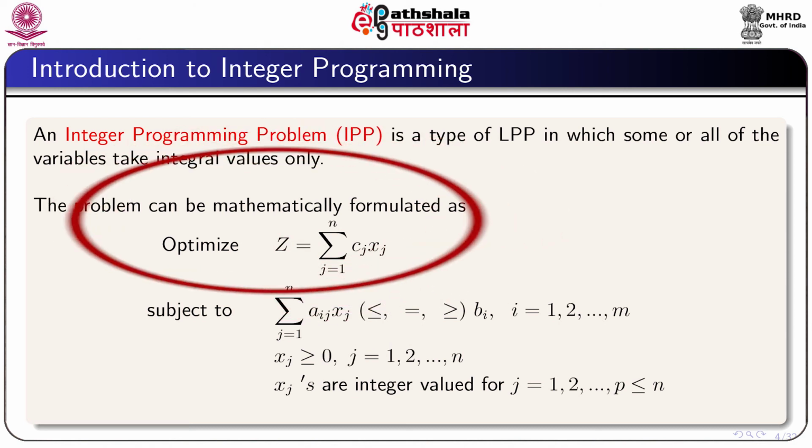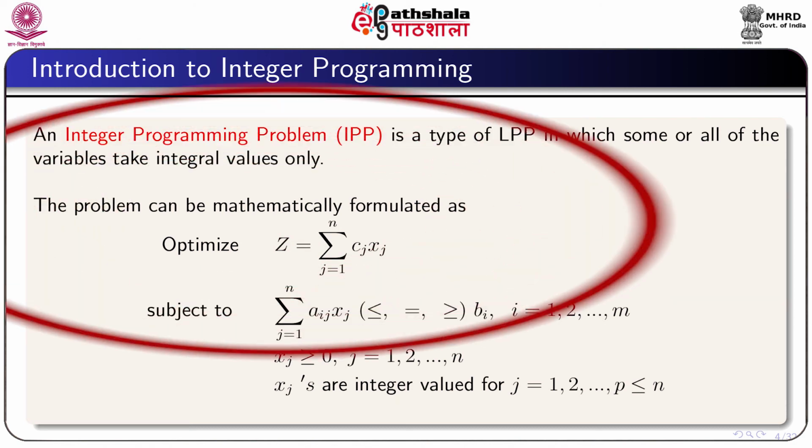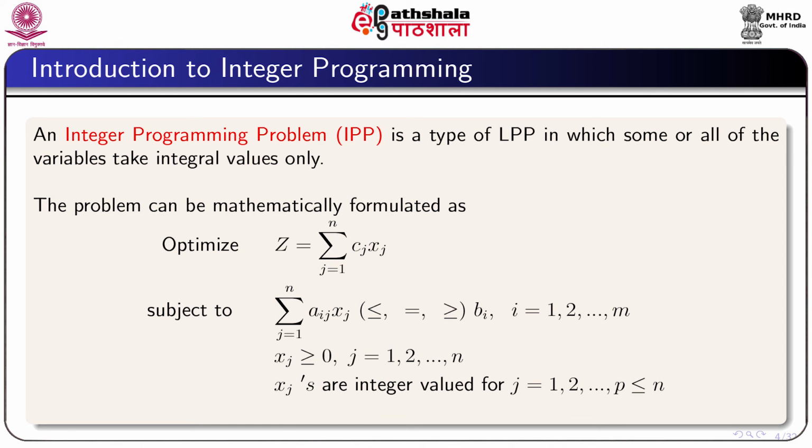The problem can be mathematically formulated as optimize, that is maximize or minimize z equal to summation j equal to 1 to n Cj xj, subject to the constraint summation j equal to 1 to n aij xj, which is less than equal to or greater than equal to bi, i equal to 1 up to m, and xj is greater than equal to 0 for j equal to 1 up to n.